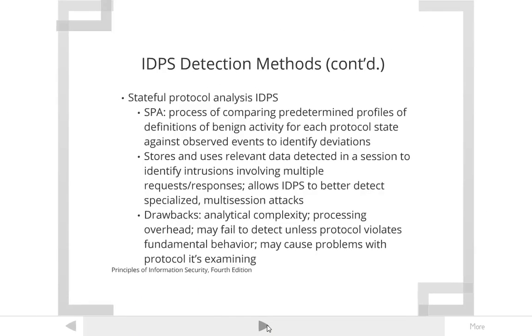All right, and so going deeper into this, we can look for stateful protocol analysis. Well, what that means is that sometimes if you can trace an entire conversation, okay, on a protocol, you can see that this is a valid conversation.